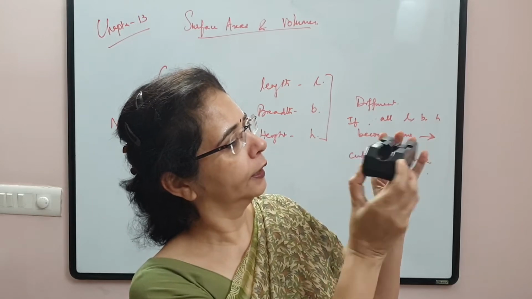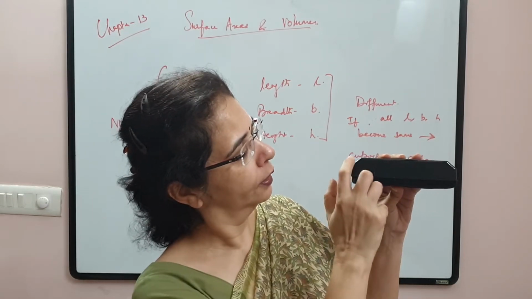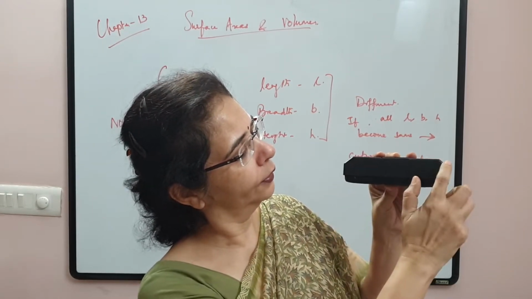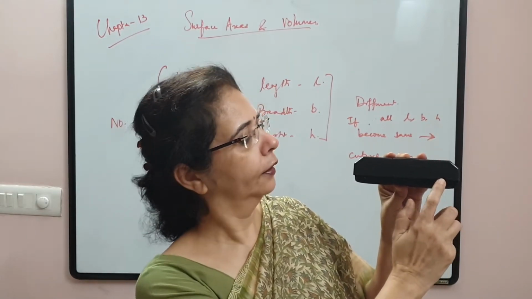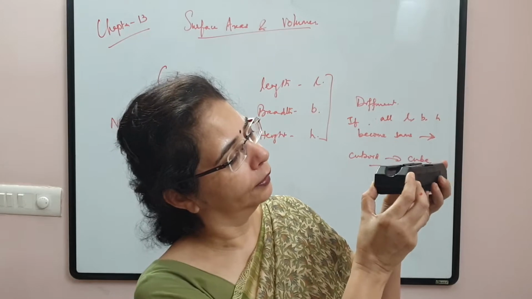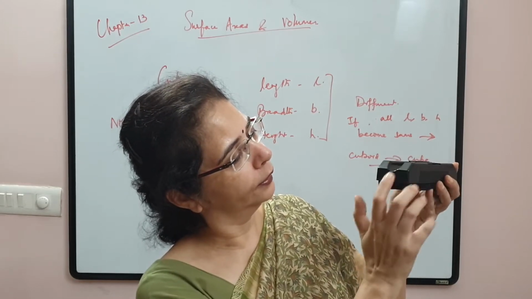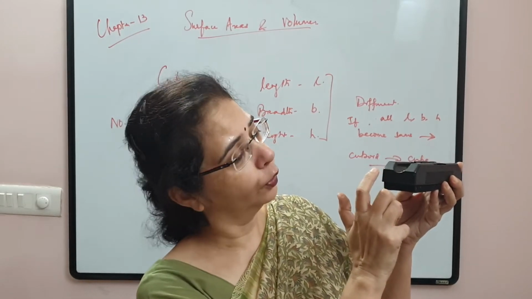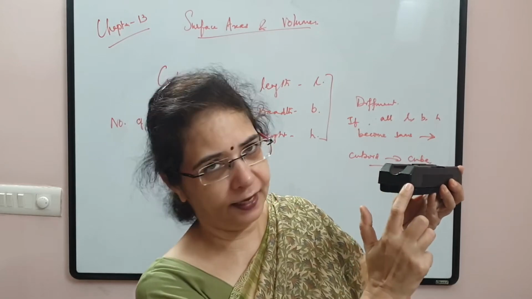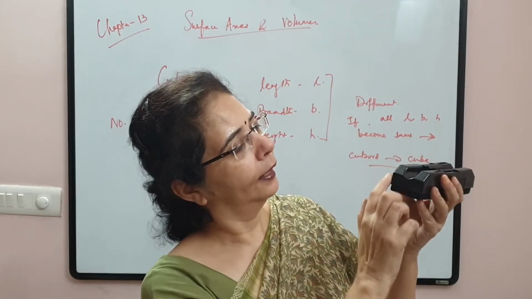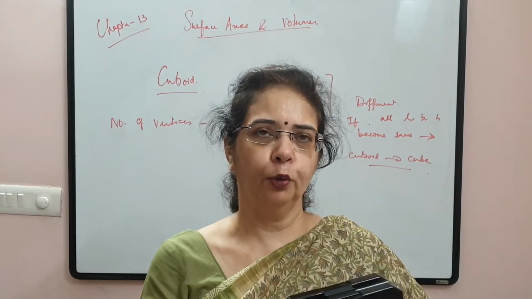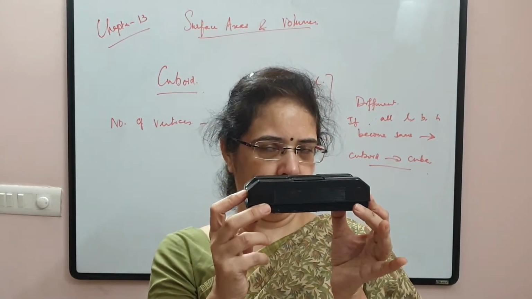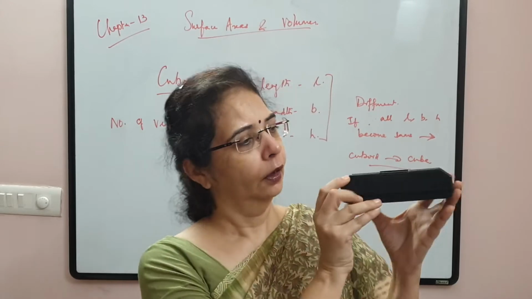Now you turn this side. How many edges? 5, 6, 7, 8. Right? These edges are there. Now children, turn this side. You have already counted these, but you have not counted these. So 9, 10, 11, 12. So these are the 12 edges of this cuboid. Have you understood, children?